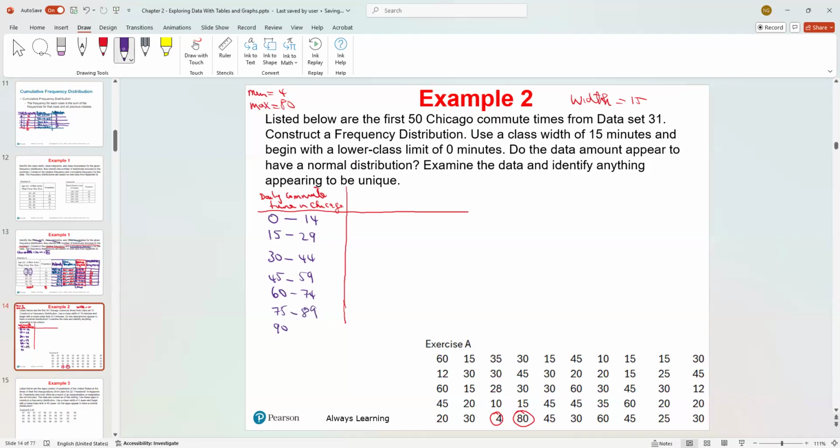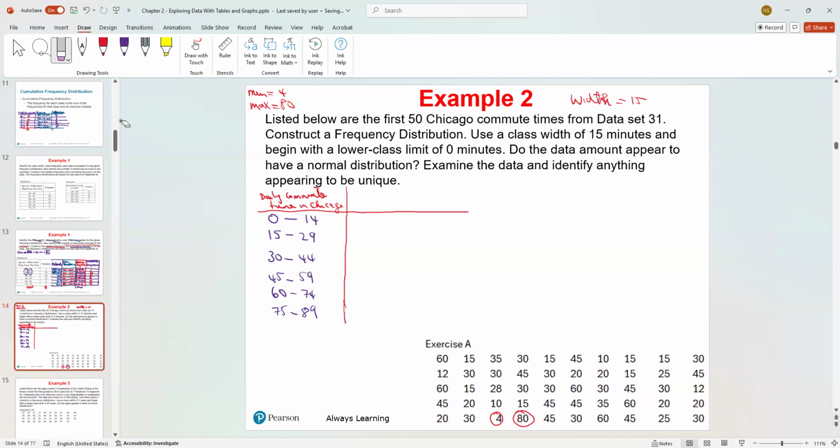I don't need to go to 90, because I already see the maximum value, the largest value in the data set, which is 80, is included. So I don't need to go to 90.